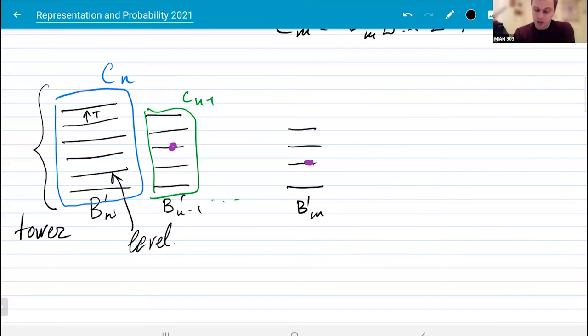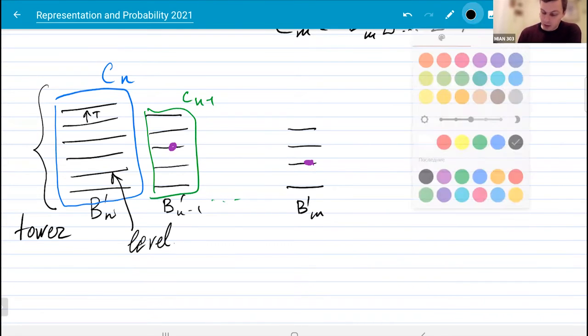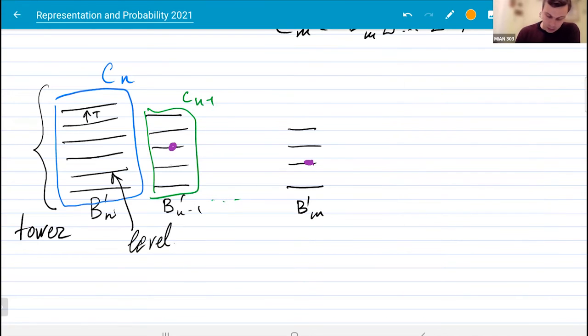Okay, so we have two towers, and say this purple point is the same. Then we can take its pre-image until some of the points go to the ground level of some tower.